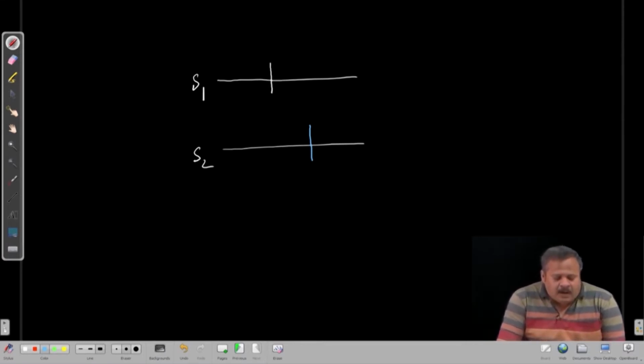Now the question is, given these two spikes, will we be able to say that they most likely came from two different stimuli? That is only possible when we have a particular temporal resolution at work for the postsynaptic neuron.